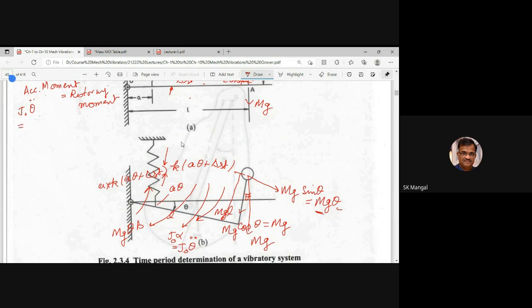Let us first write this one. Again, if it is a positive direction, it becomes a negative direction. So first you take mgL into theta.